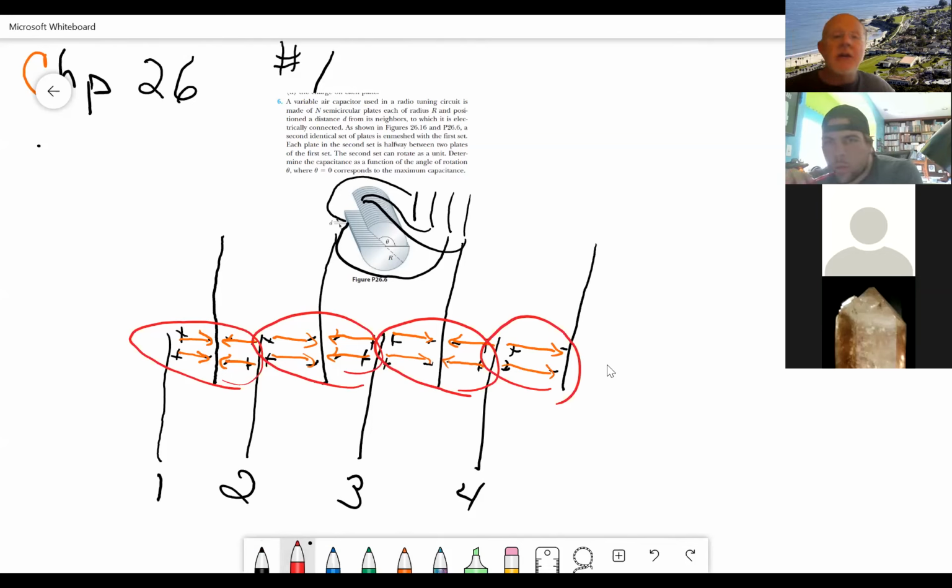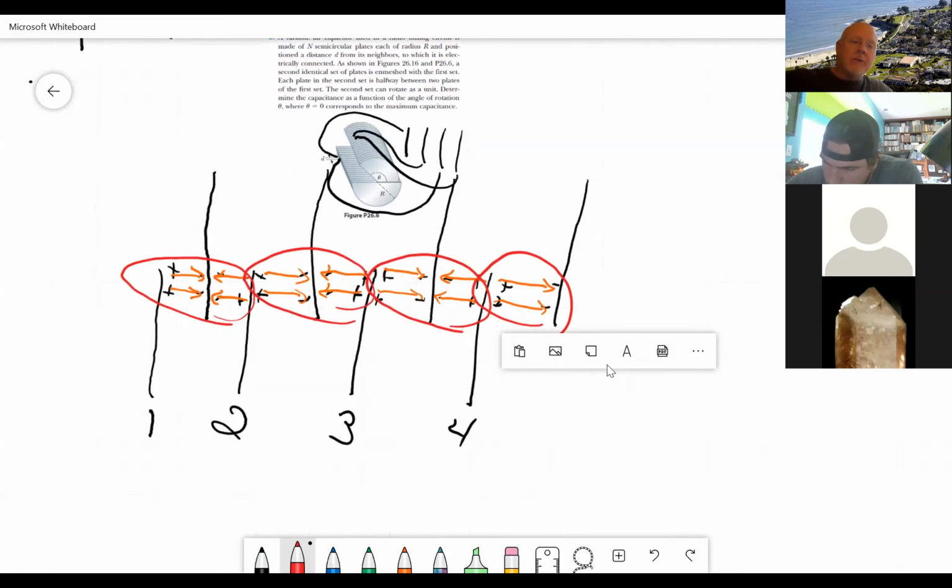So there's a lot of hard stuff about this problem. I hesitate to say this is the hardest, but I'm kind of leaning that way: to recognize how many capacitors you really have here.